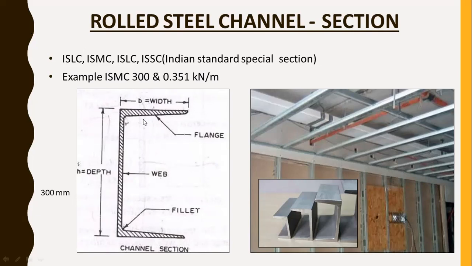So this one is a flange, the top and bottom portion is a flange, right? And this central vertical portion is known as the web. So these are provided as a C section, right? C sections are provided in this structure, as you can see.